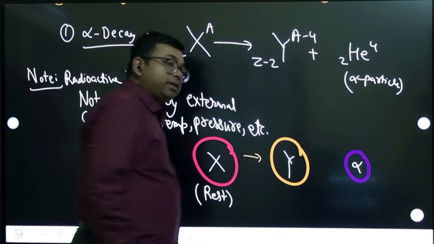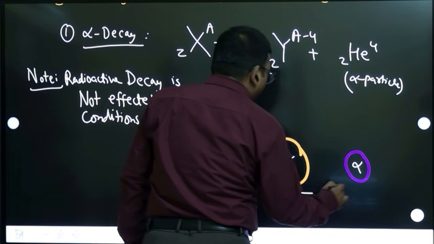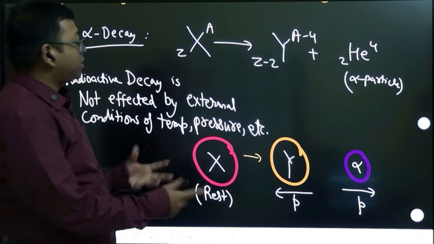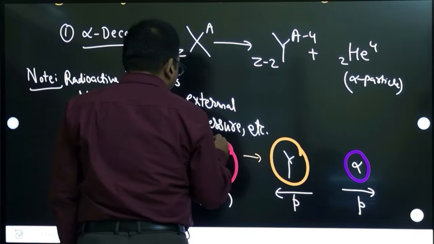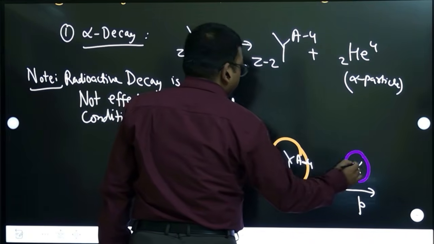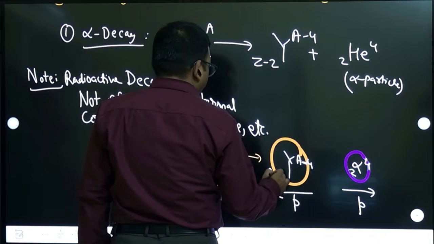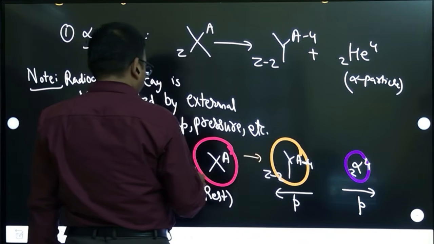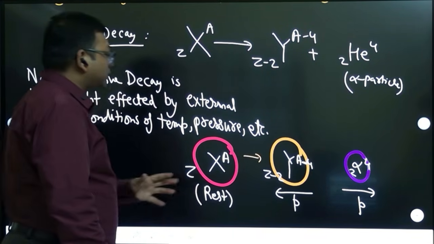Because total momentum conservation has to take place, both will have the same momentum, as they need to cancel out. Its mass is A, this mass is A minus 4, and this mass is 4. Of course this is Z minus 2, and this is Z.